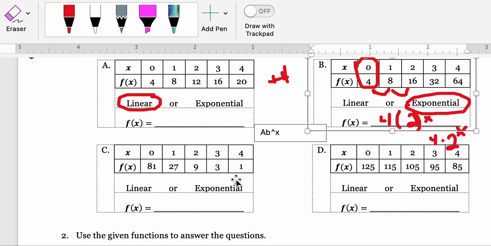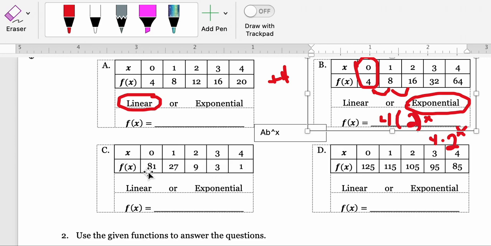I'm just taking the smaller numbers because it's easier for me, or subtract by 2. From 9, I'm going to do divide by 3, and I would have to subtract by 6. So it's definitely not addition or subtraction here. And I know I'm going backwards, but I'm going backwards because it's easier for me to work with smaller numbers. So dividing by 3 is actually multiplying by 1/3.